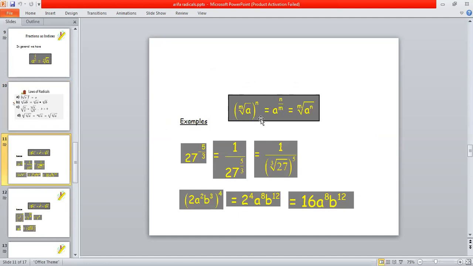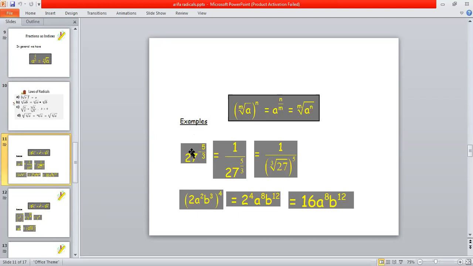Here we are discussing examples related to fractions as indices. This is a base with a power in fraction form, and you will convert it into radical form. m is in the denominator, so that number is called the index of radical, and the number which is in the numerator is the power of the radicand.